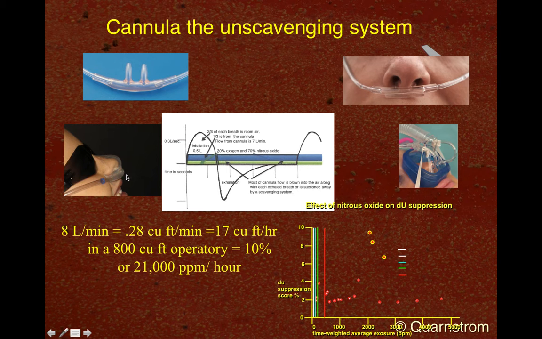A couple of recent masks. Here's one that's nice and small, but it's got this small tube bringing gas into the mask and an equally small tube on the other side suctioning the gas away from the patient. You just can't move gas as fast as the patient is exhaling through a tube that small. So you're going to have high concentrations of nitrous in the office. Here's one that's sold by one of the companies that does a lot of teaching. It's got 2 tubes that go up the nares, essentially a cannula.